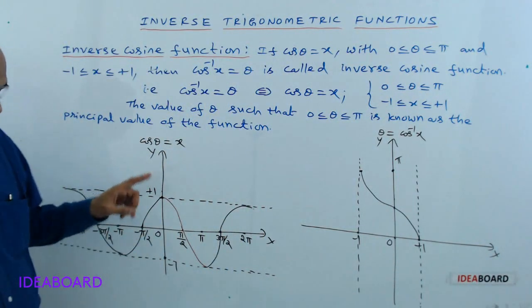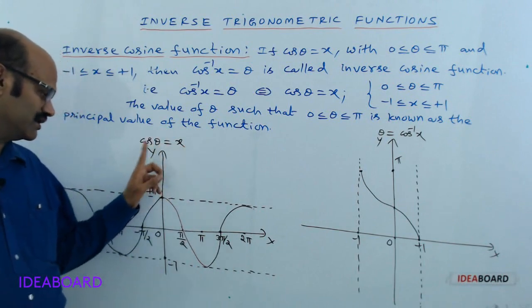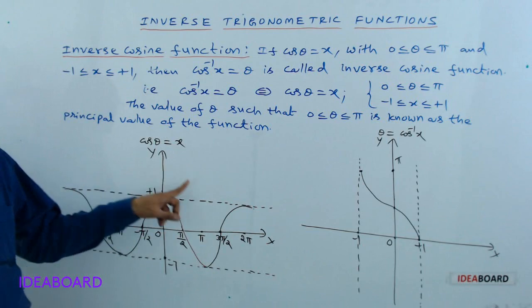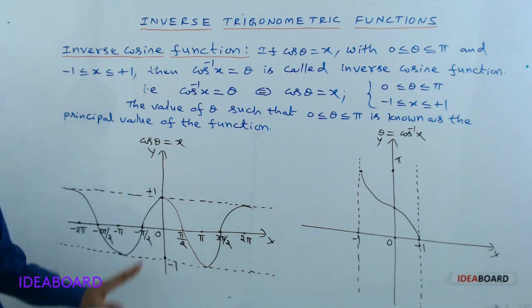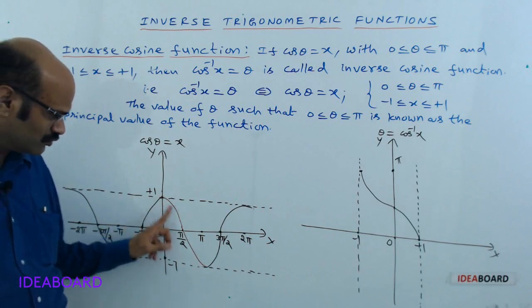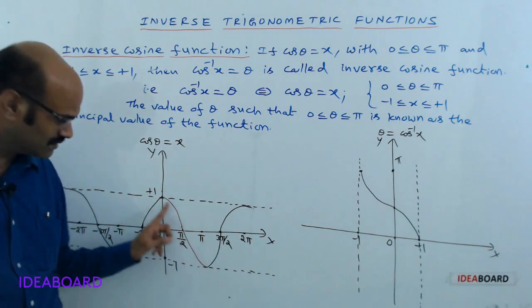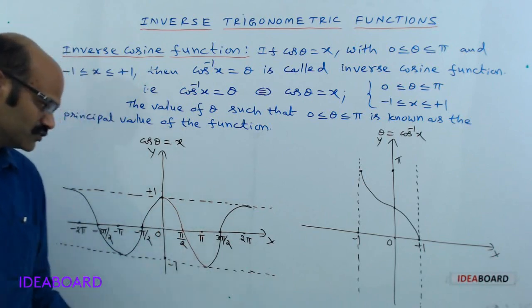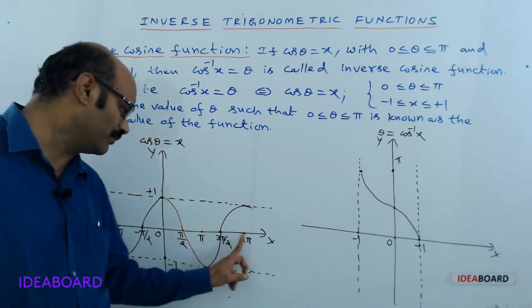Here if you take the graph of x equal to cos theta, this is the graph. Clearly it is not bijective. It is bijective only between the interval 0 to pi. Also it is bijective from pi to 2 pi.